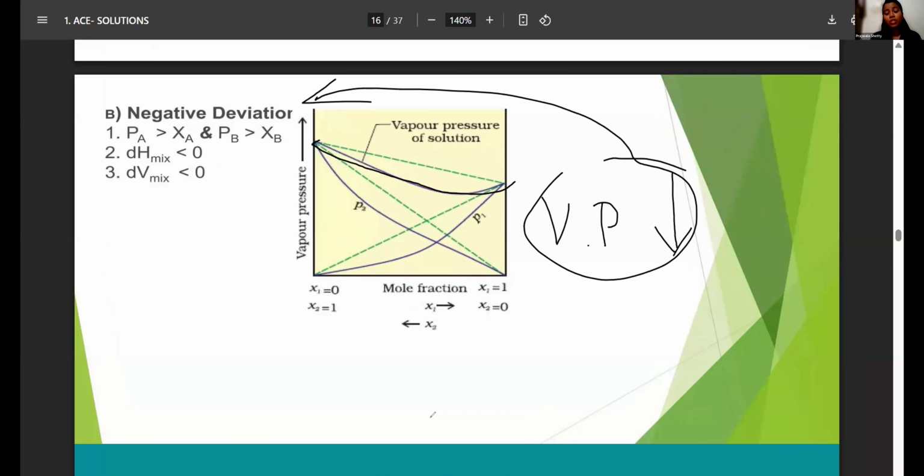If vapor pressure is higher than the predicted Raoult's law, it is called positive deviation. And again, here the enthalpy of mixing of pure components was greater than 0 there, so it was positive deviation. Here it should be lesser than 0, that is the reason it is negative deviation. Also, the volume of mixing is also less than 0. All right.